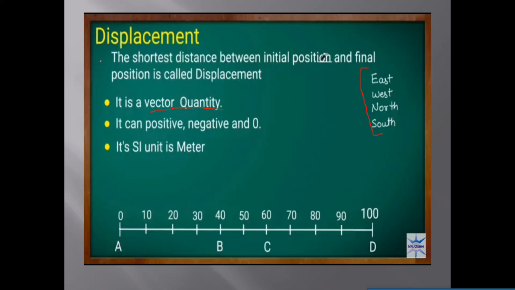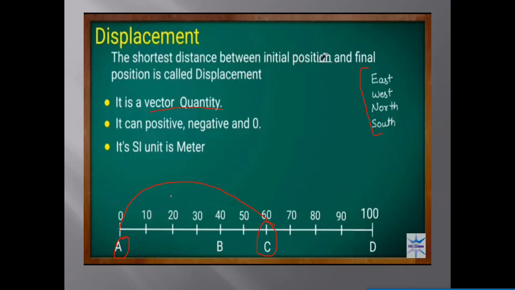If I take the same example, say the object is at the position A. The object will start moving from A to C. The same example I am telling children because you can easily understand it.